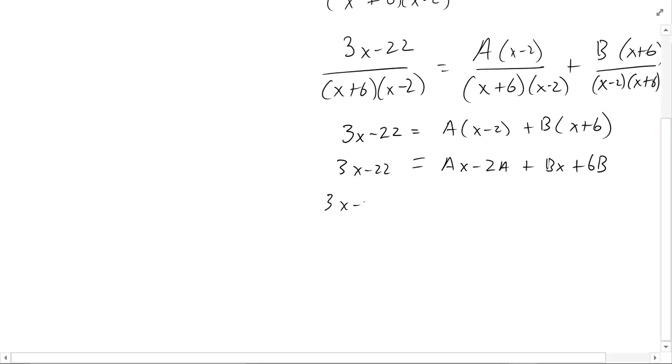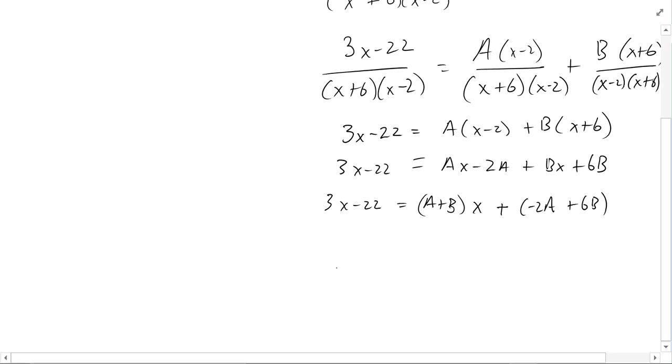I have 3x minus 22 equals a plus b times x, plus negative 2a plus 6b. And these two polynomials should be equal.